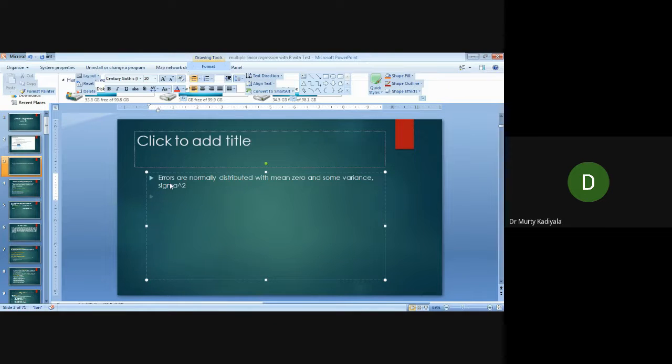And this variance sigma square, the error variance, is constant.